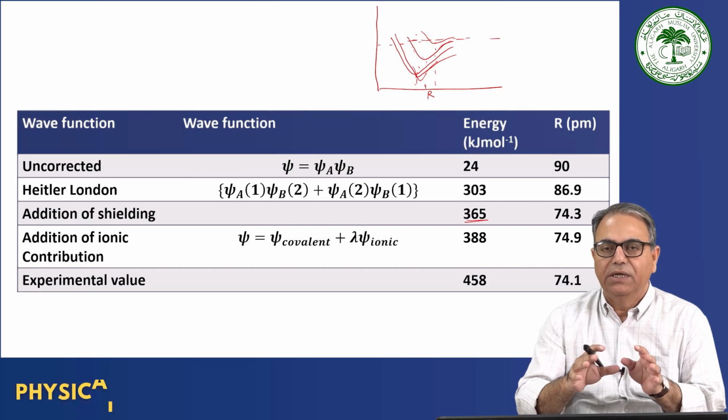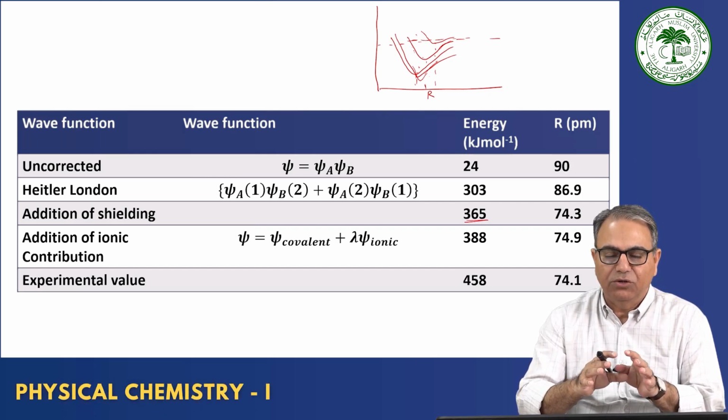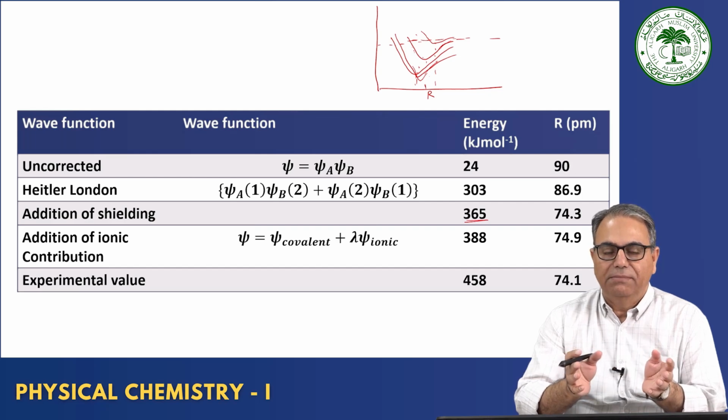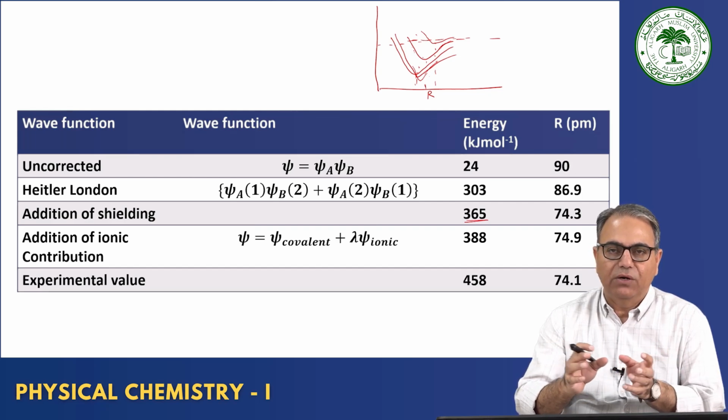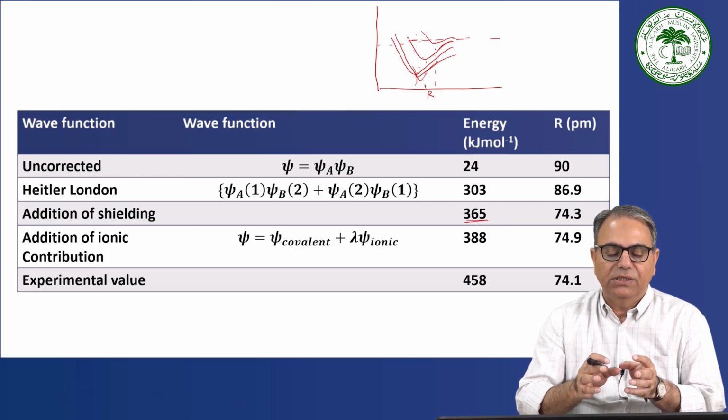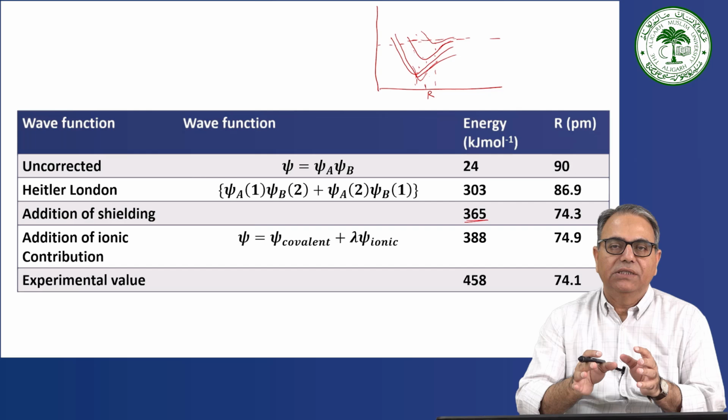They just combined these atomic orbital wave functions in different ways, and introduced the concept of exchange of electrons, losing the identity of electrons, making electrons 1 and 2 both move around both nuclei. Then they added ionic structures, resonance structures, and the shielding effect, and finally the energy which you get is very close, though not exactly the binding energy observed experimentally. This is what is called keeping the identity of the hydrogen atom.